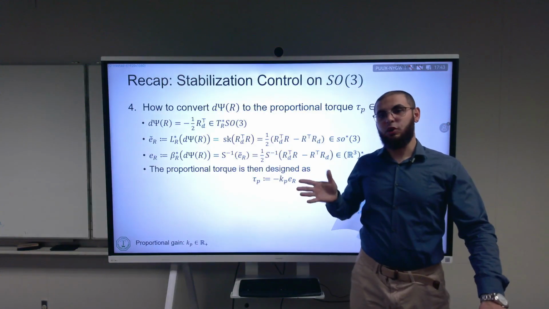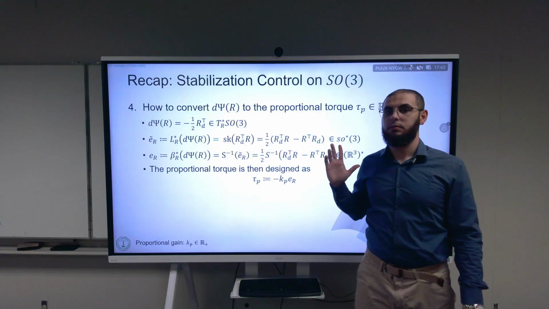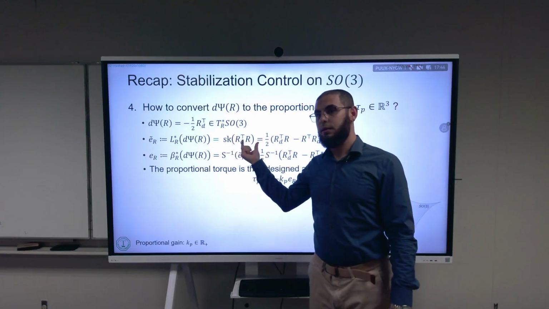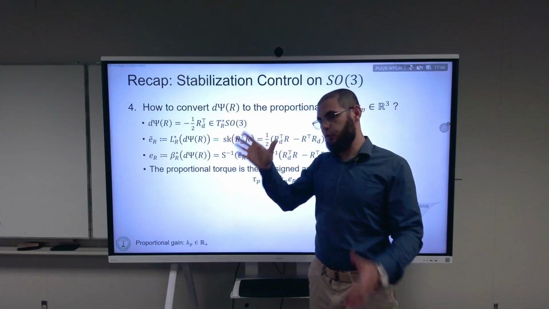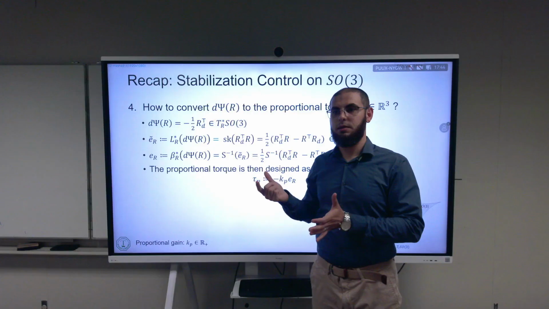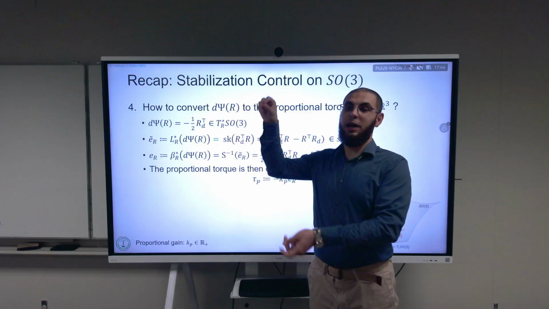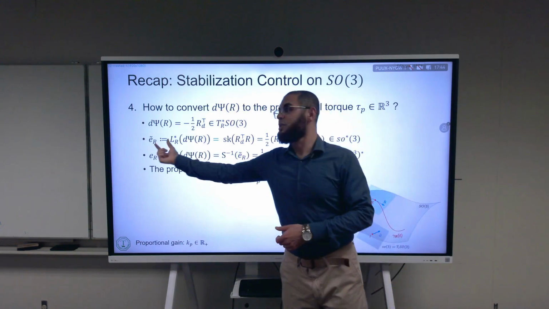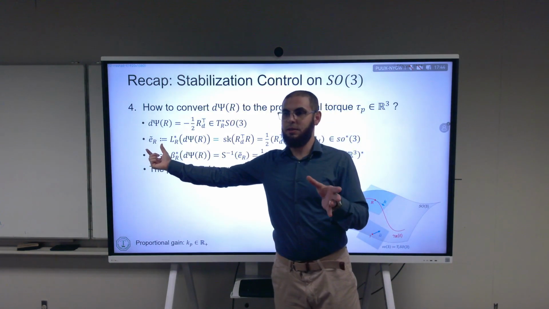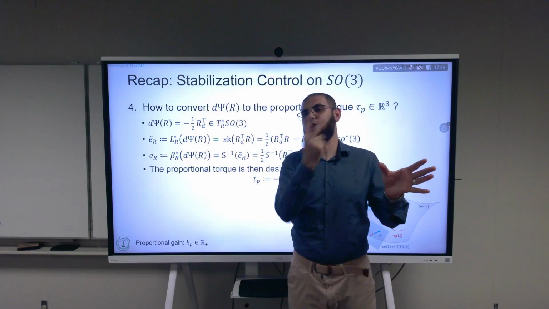And it's very easy because it's not isomorphic. Here, this is actually a 9-dimensional space. For example, in our case, this is a 3 by 3 matrix. 3 by 3 matrices, so R^(3x3) is isomorphic to R^9. So I have 9 dimensions. How many dimensions does a skew-symmetric 3 by 3 matrix have? 3. So I took something that has 9 and I put it into something that has 3. So of course it doesn't have an inverse.